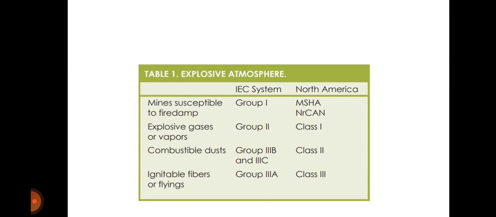Here, IEC systems and North America. Mines susceptible to fire damp: Group 1, MSHA. Explosive gases or vapors: Group 2, Class 1. Combustible dust: Group 3B and 3C, Class 2; Group 3A, Class 3.